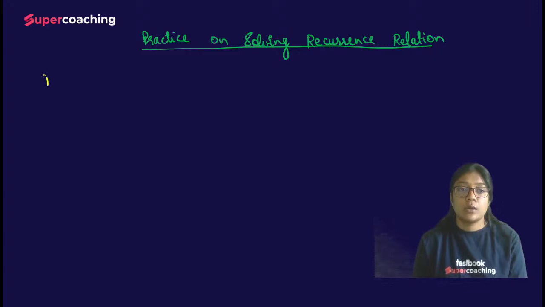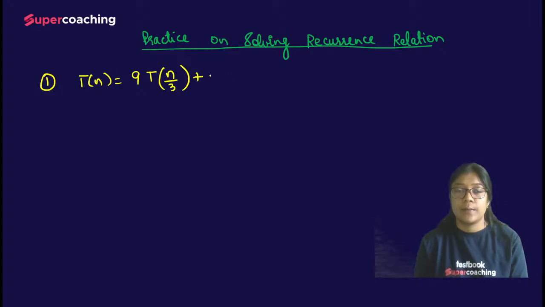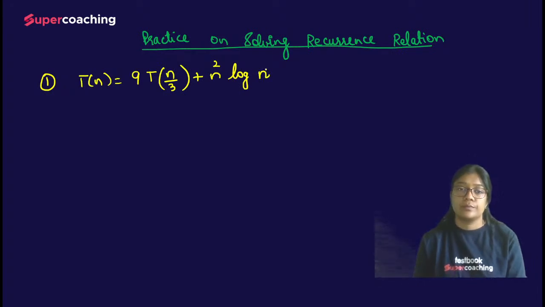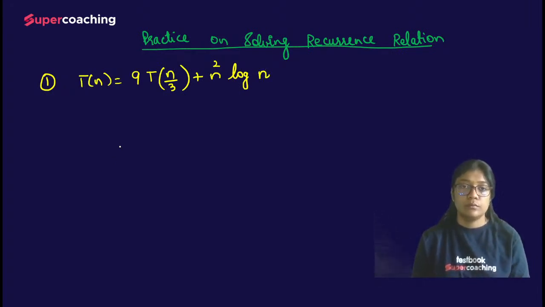So the first case that I'm taking here is t of n is equal to, let's say, 9t of n by 3 plus n square log n. What will be the answer?